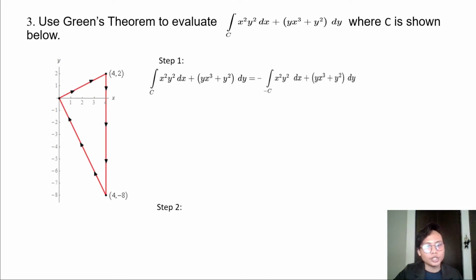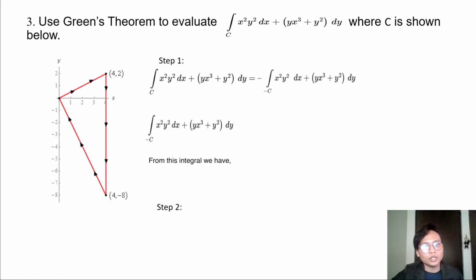So instead of using Green's theorem to compute the value of the integral in the problem statement, we will use Green's theorem to compute the value of the following integral: the integral over negative C of x^2 y^2 dx plus (y x^3 + y^2) dy.